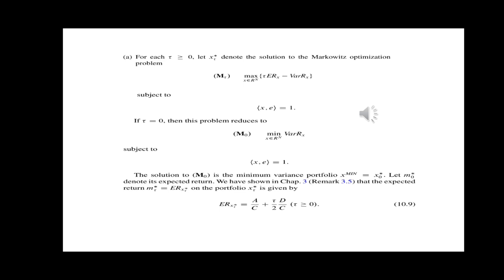The solution is the minimum variance portfolio x minimum, equal to x naught star, and let m naught star denote its expected return.